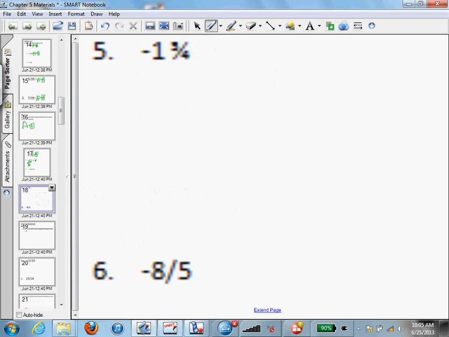Okay, looking at number 5, what we want to do is think of this in a similar way as we did the previous examples, where instead of adding, you're going to be subtracting, which in a way they will combine. So let's leave this 3/4, but instead of a plus, let's keep that minus in there.